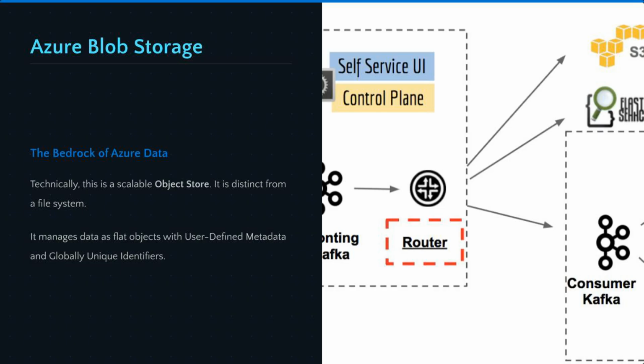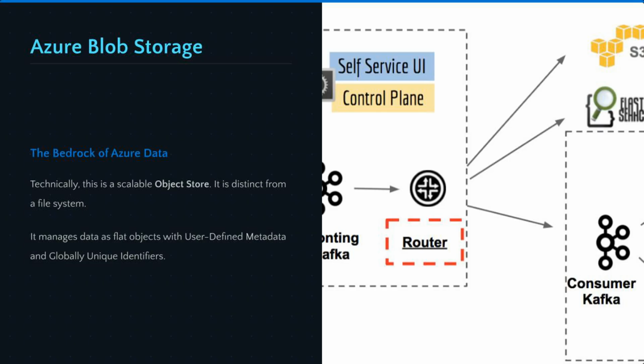Third, page blobs. These store random access files up to 8 terabytes in size. These are optimized for frequent read-write operations on specific byte ranges. Technically, these are the underlying storage infrastructure for Azure Virtual Machine disks, but we will get to disks as a separate service later.